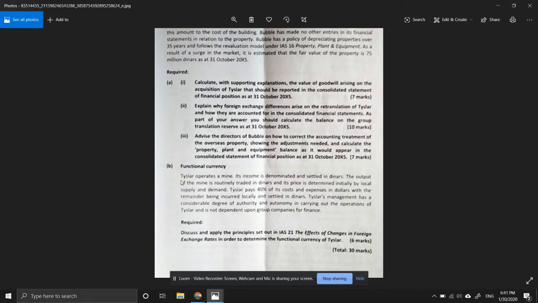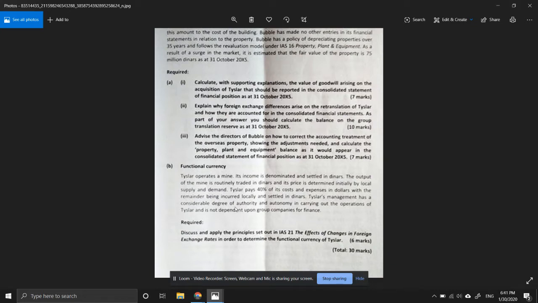And then functional currency. Teisler operates a mine. Its income is denominated and settled in dinars. The output of the mine is routinely traded in dinars, and its price is determined initially by local demand and supply. Teisler pays 40% of its costs and expenses in dollars, with the remainder being incurred locally and settled in dinars.